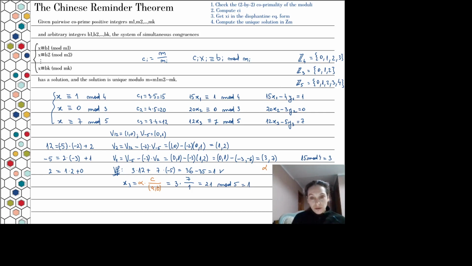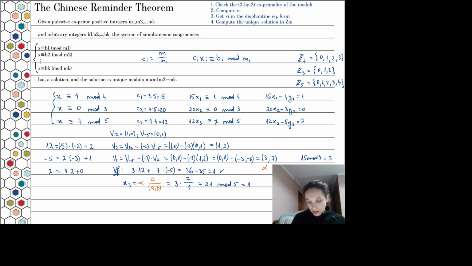We reduce 15 due to the fact that 15 is greater than 4. In Z4 we only have these numbers, and 15 modulo 4 is one of them, and in our case 15 is 3.